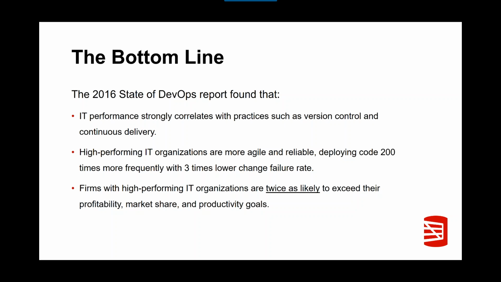And if you want to be one of the higher performing IT organizations, just like anything else in life, if you see somebody who's doing great stuff and you'd like to be that person, what do you do? You emulate them, right? That's just how it kind of works.